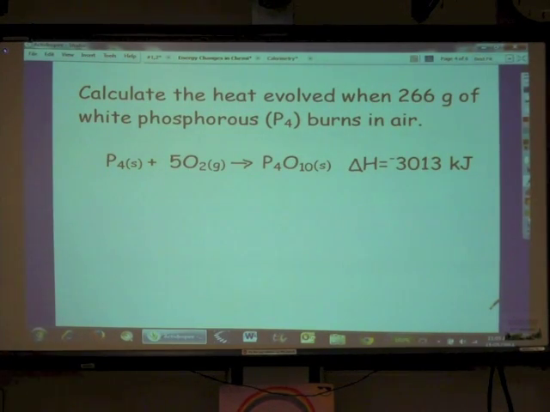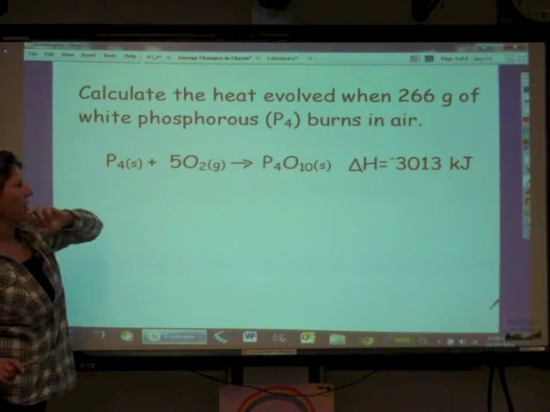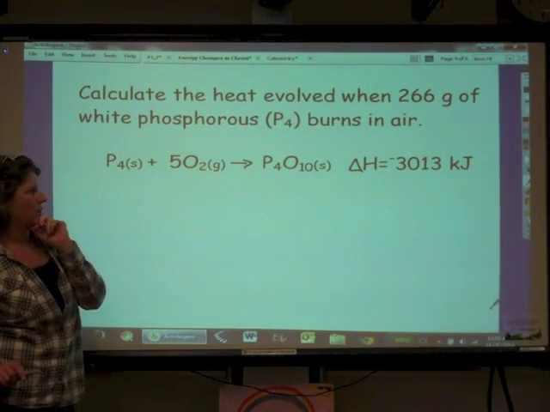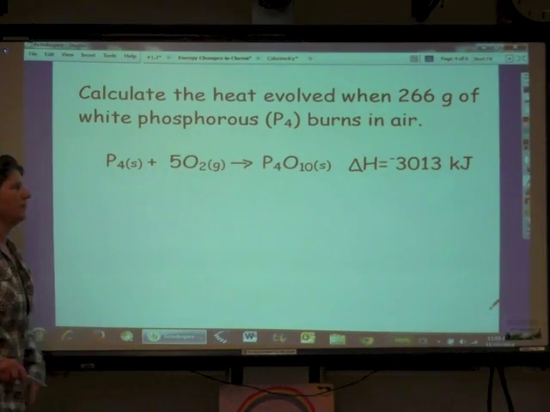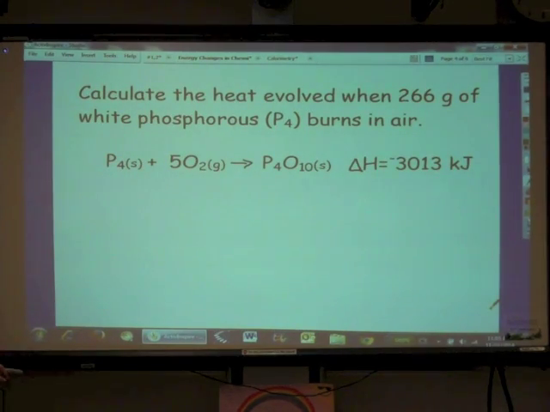So, for every 1 mole of phosphorus, we utilize 5 moles of oxygen to produce 1 mole of tetraphosphorus decoxide. And the energy associated with that reaction is negative 3,013 kilojoules.